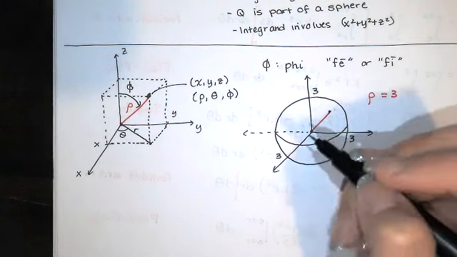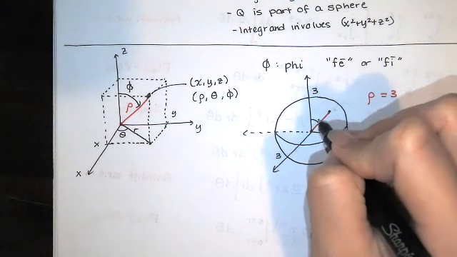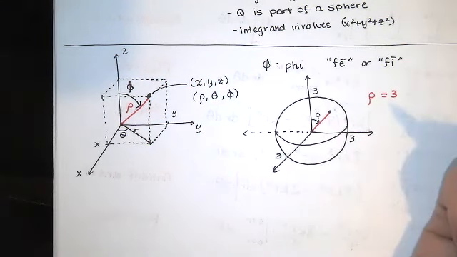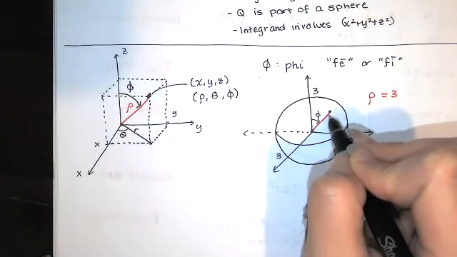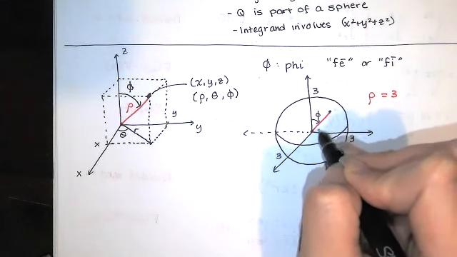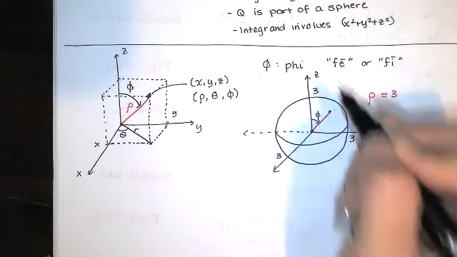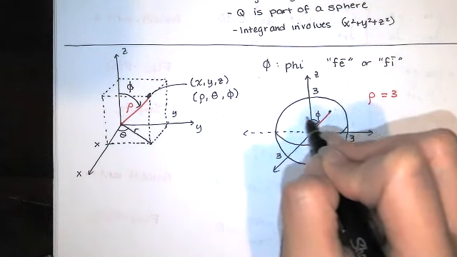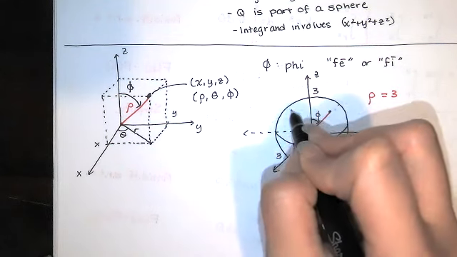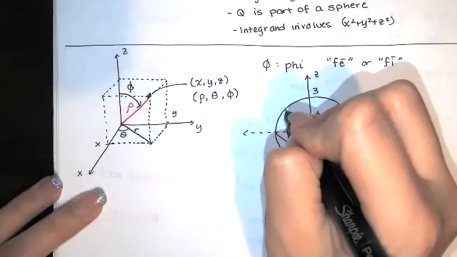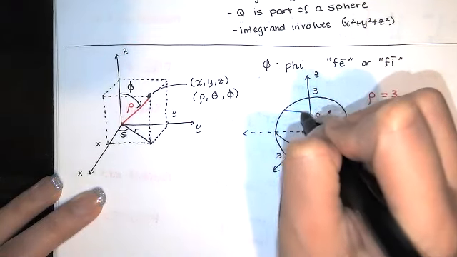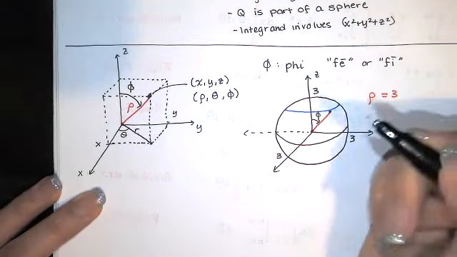Now the angle phi is represented by this angle from here to here. Now there are a lot of different points that are making that exact same angle with the positive z-axis. There are actually infinitely many points. I'm going to try to draw a circle. So where phi is equal to a constant, what we'll have on our sphere is a line that looks like that.